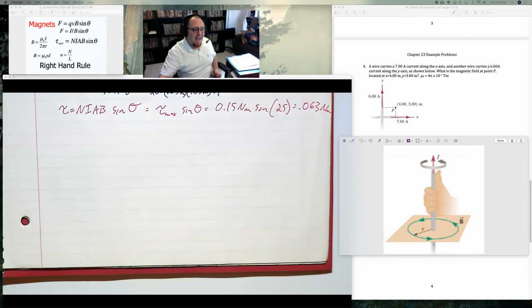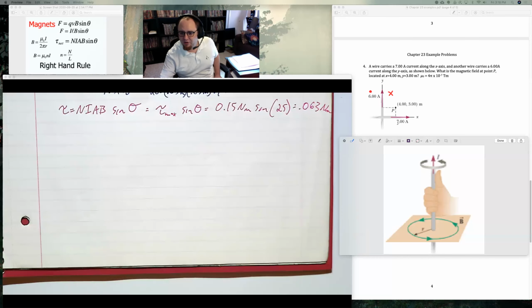And so for this first guy, the magnetic field wrapping around is going to be into the page on this side and out of the page on this side. Now the guy along the x-axis, if I turn my hands, is also going to wrap around following the right-hand rule.